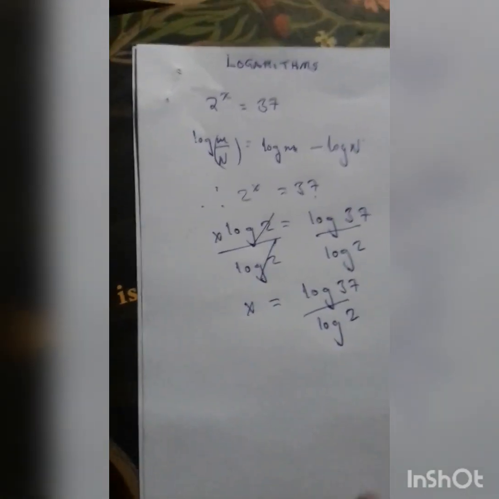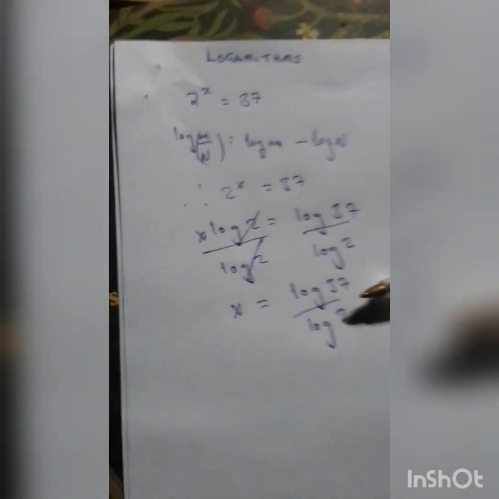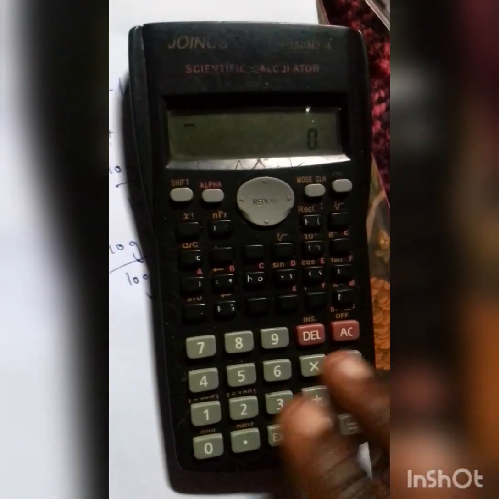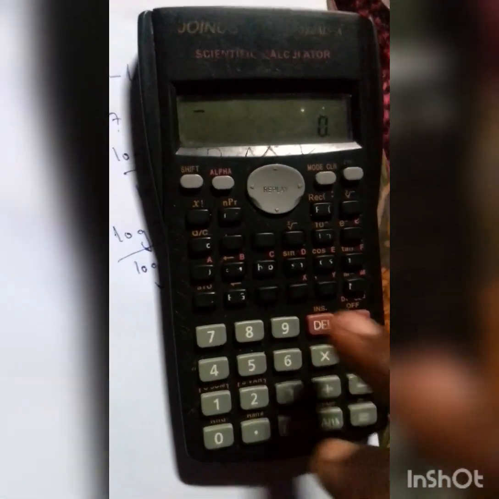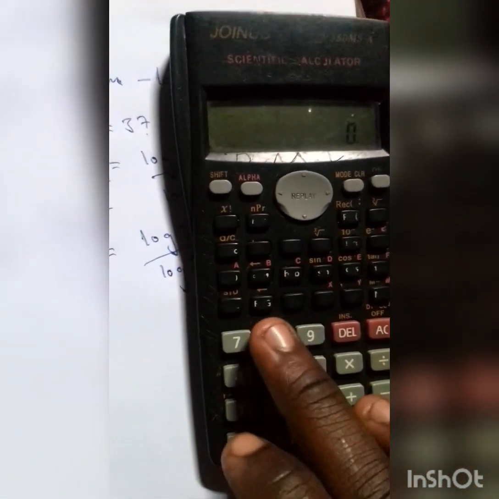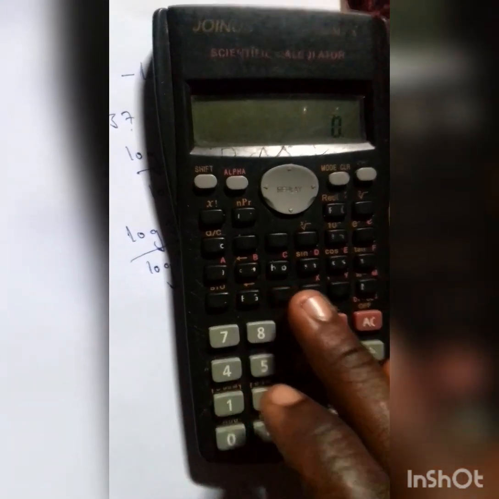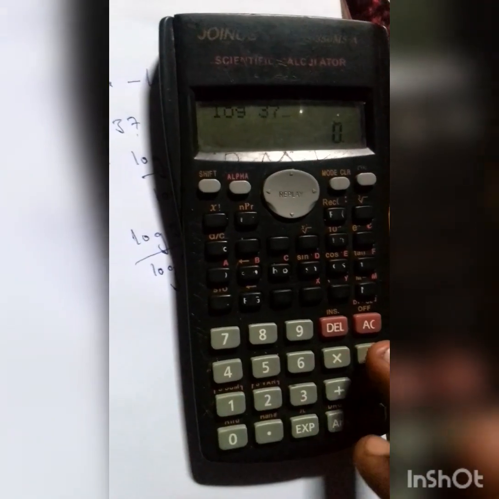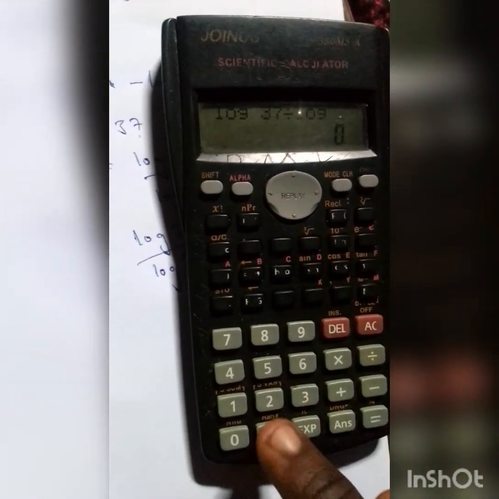Now, when you reach this stage, you have to turn on your calculator. You go to where there is log, so that it may be very easy for you. Log 37, you divide by log 2.